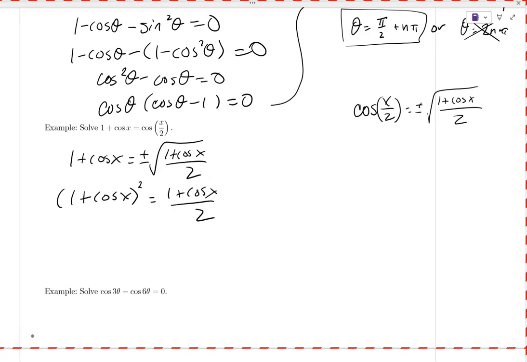So when you square both sides, it makes the radical go away. It also takes care of your plus or minus. We should probably go ahead and multiply out the left-hand side.